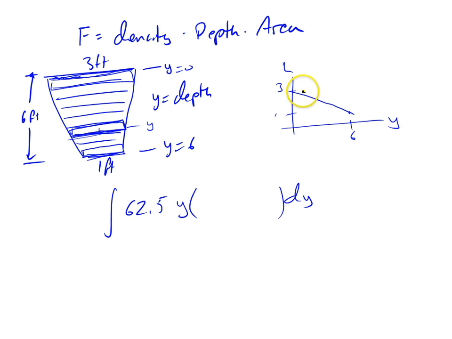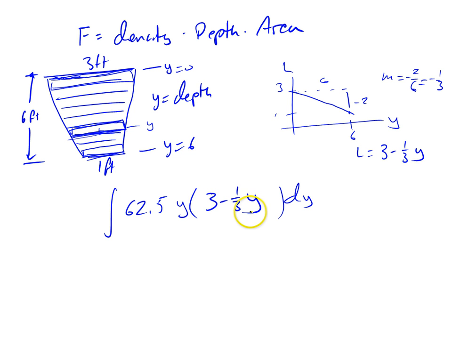Well, for a run of 6, I've got a rise of -2. So the slope is equal to -2 over 6, which would be -1/3. So this would tell me that L is 3 minus 1/3 y.